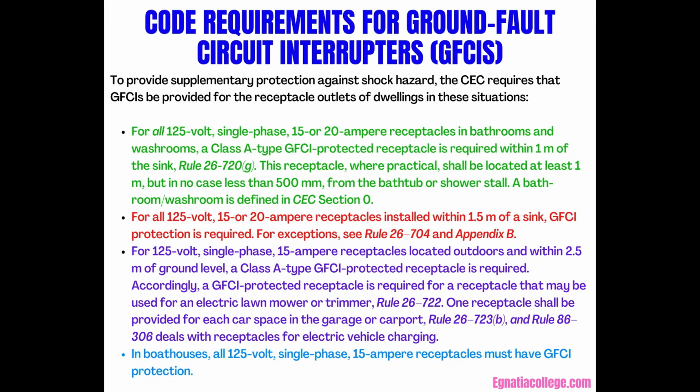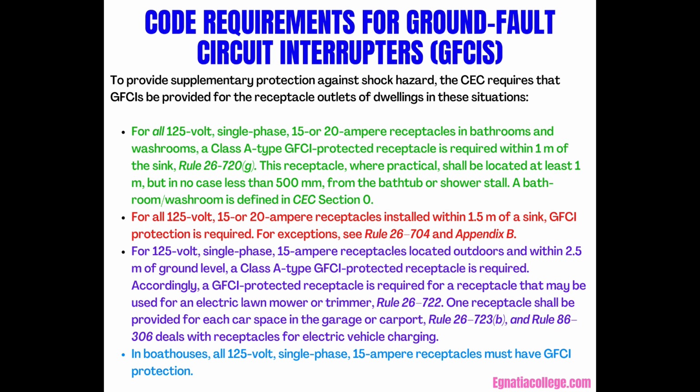Code requirements for ground fault circuit interrupters, GFCIs. To provide supplementary protection against shock hazard, the CEC requires that GFCIs be provided for the receptacle outlets of dwellings in these situations. For all 125 volt, single phase, 15 or 20 ampere receptacles in bathrooms and washrooms.